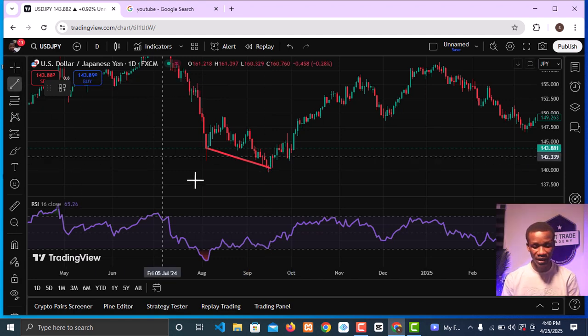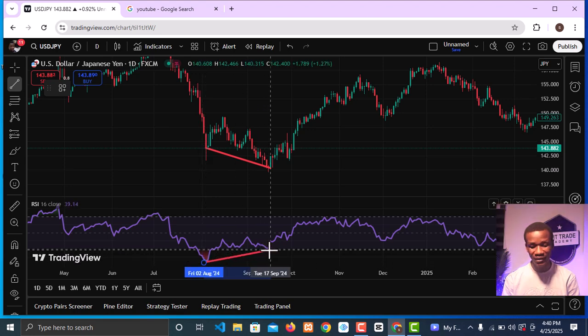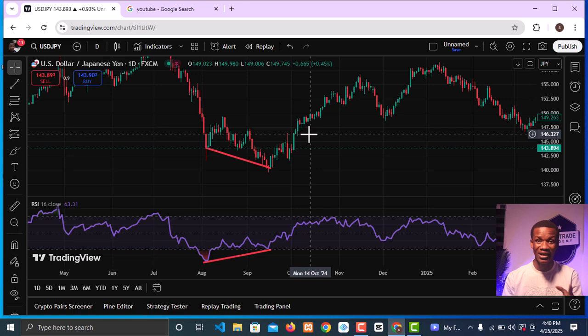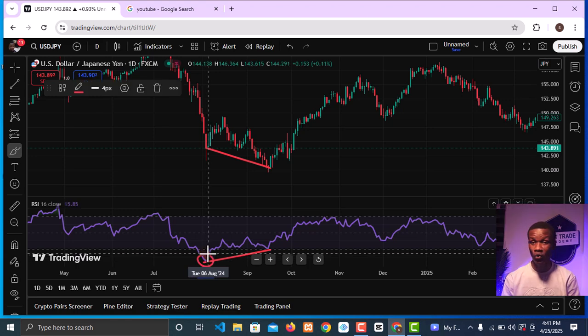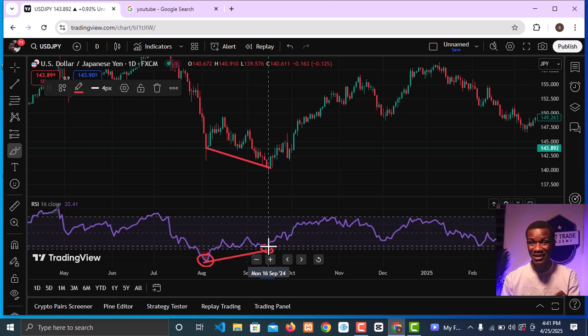And if you come to the indicator, at the same point, one thing you must do for confirmation is take note of the RSI entering overbought or oversold. In this case, it entered oversold right here, and this only touched the line, so we consider this a very important divergence to trade on our price action.